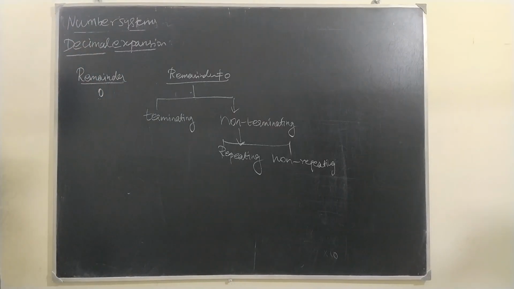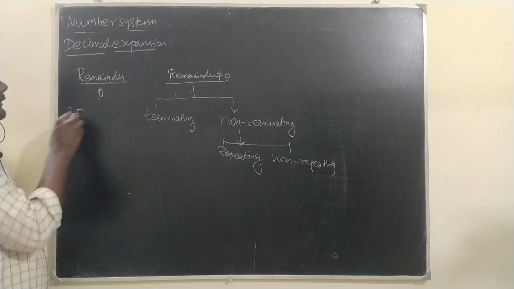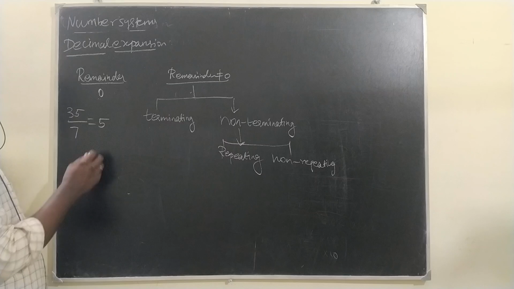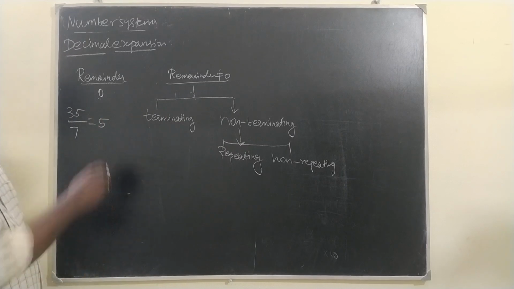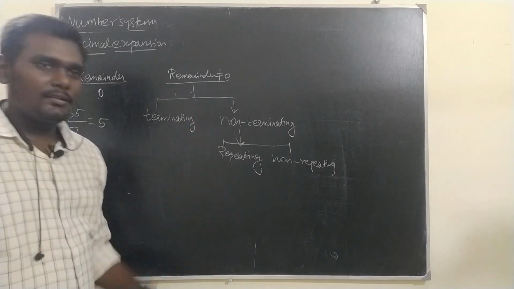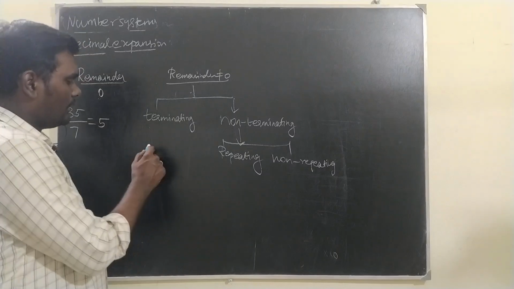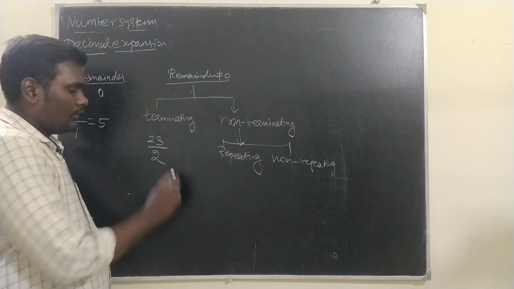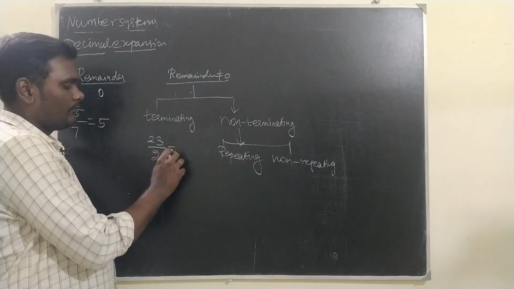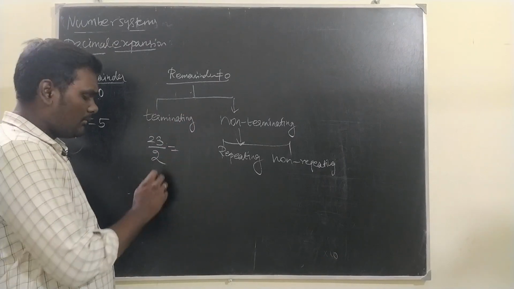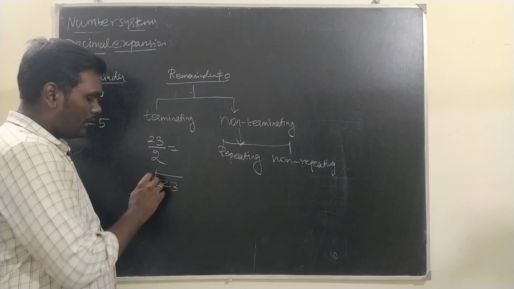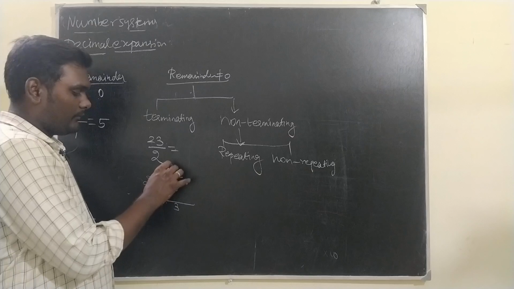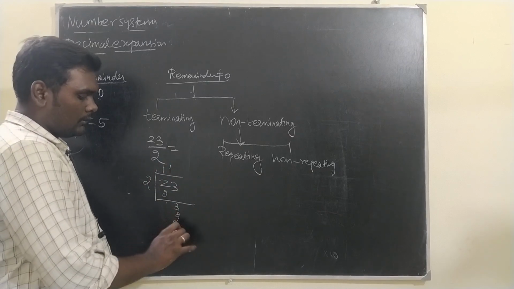Now take some examples. For example, 35 by 7. When you divide it, what do you get? 5. Remainder 0. No more decimal expansion. When the remainder is not equal to 0, take 23 by 2. What is the decimal expansion? You remember how to divide: 23 divided by 2. 1 twos are 2, then 0, 3. Again 1 twos are 2.